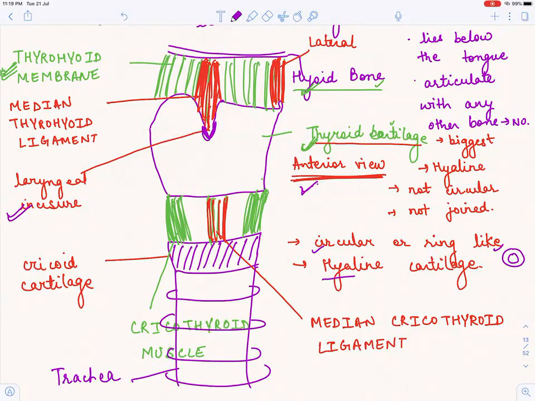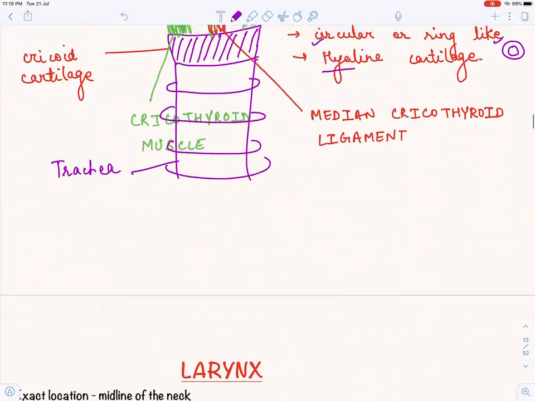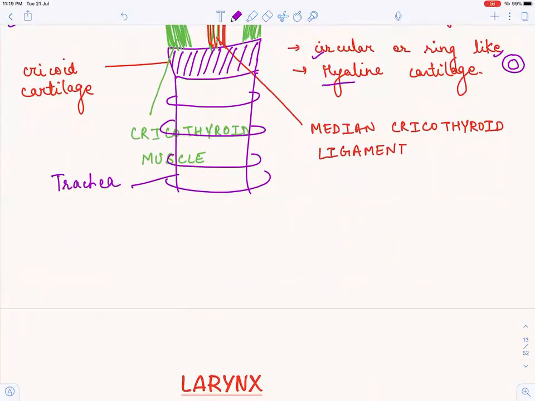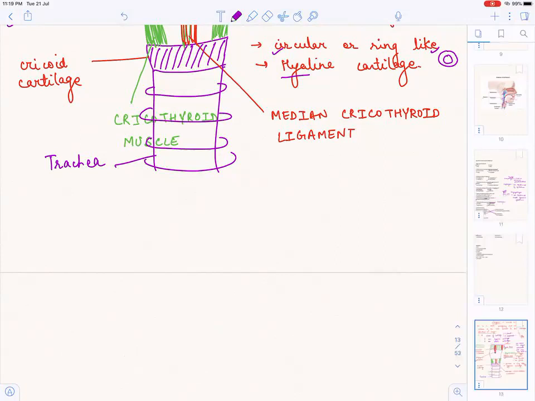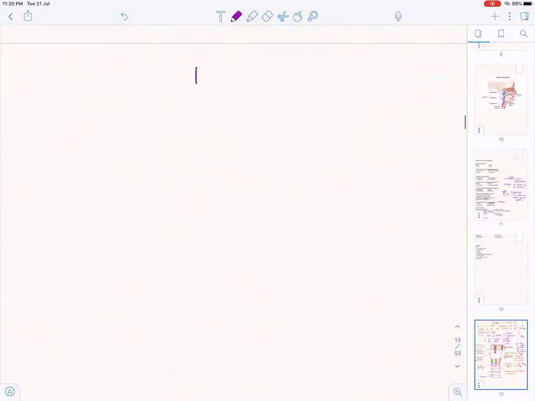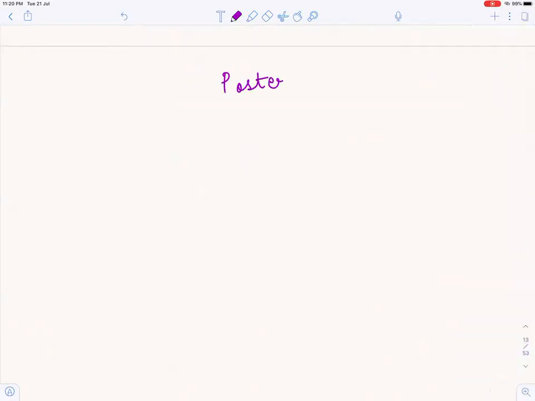Now we will study the posterior view, so that you can get an idea of all the cartilages that we are going to study.